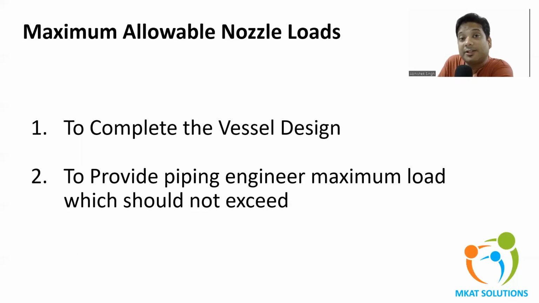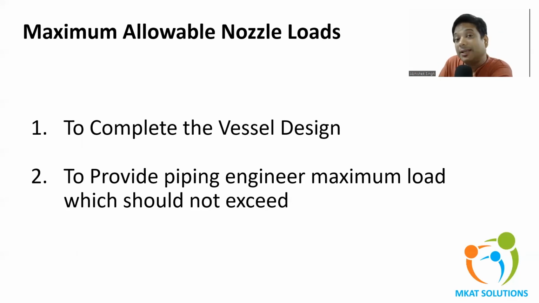The fabrication also might have started by the time they arrive at the actual value. So they have to provide supports, provide bellows, and design that piping such that their final load exerted on the nozzle is lower than the value which we have given.